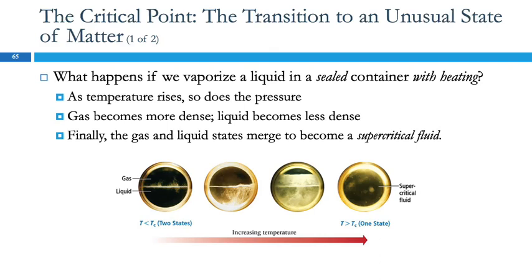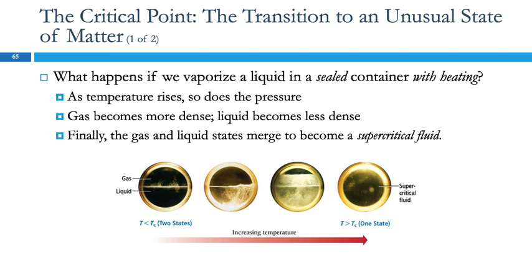Well, what happens if we take a liquid in a sealed container and we heat it. So here we have a little window into such a container, and here, as expected, we have a liquid and a gas. As the temperature rises, the pressure rises as well.